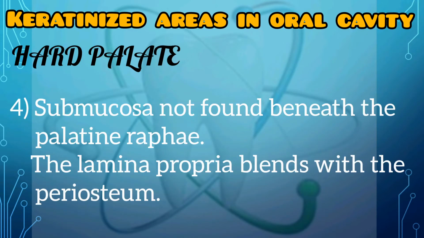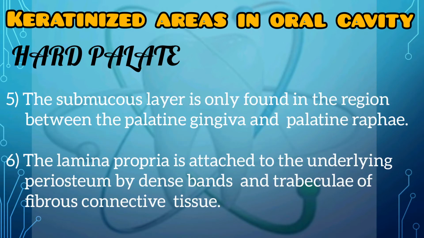The submucosa is not found beneath the palatine raphe. Here, the lamina propria blends with the periosteum. This submucous layer is only found in the regions extending between the palatine gingiva and the palatine raphe. The lamina propria of the mucous membrane is attached to the periosteum by dense bands and trabeculae of fibrous connective tissue.